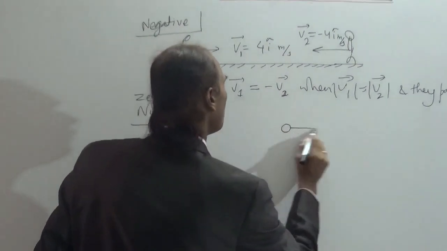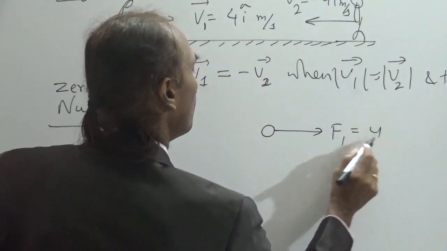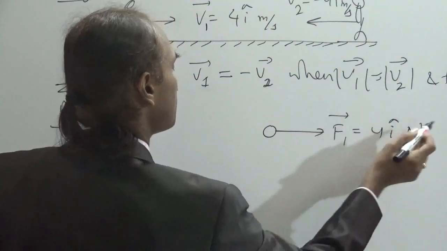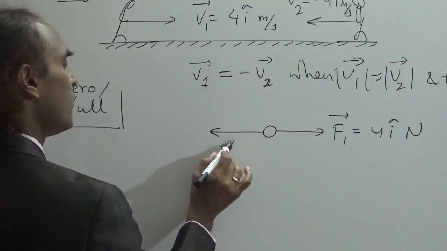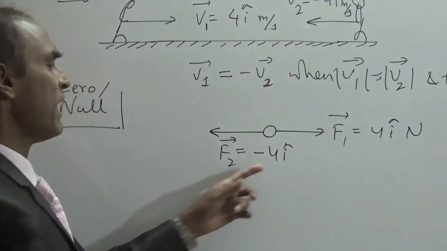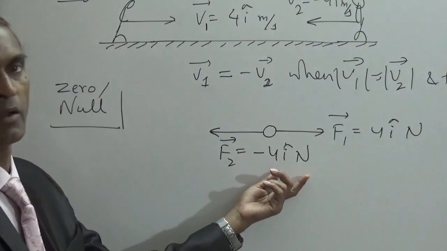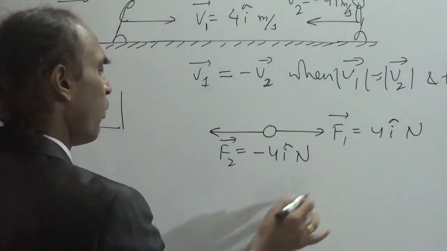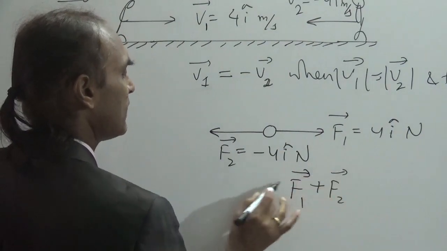This object you are pulling with a force F1, say 4 Newton in this direction, and you are pulling in the opposite direction with the force F2, where minus i cap is the direction and 4 Newton is the magnitude. The effect of both, F1 plus F2, is the net force.